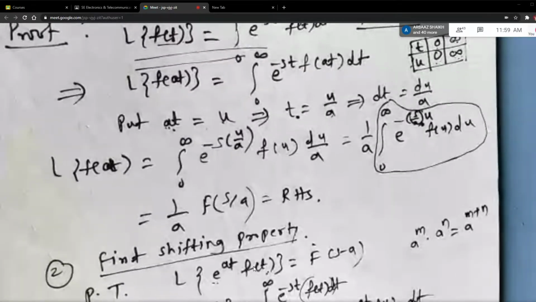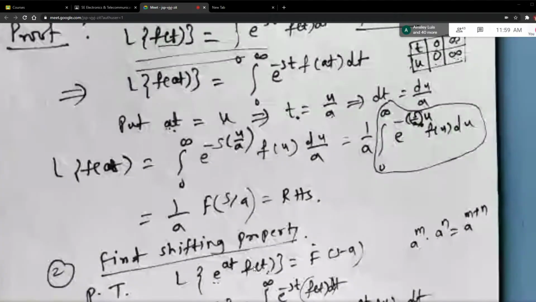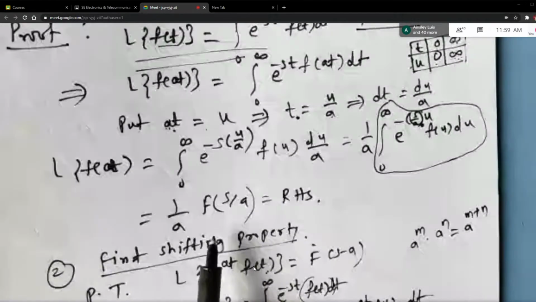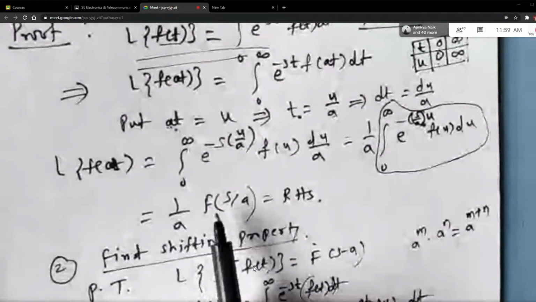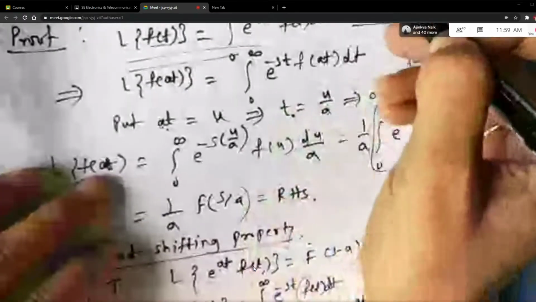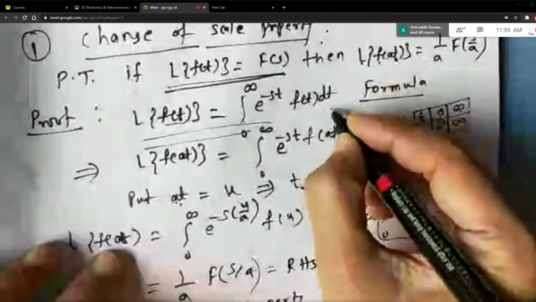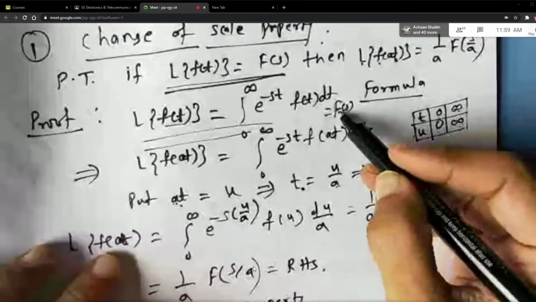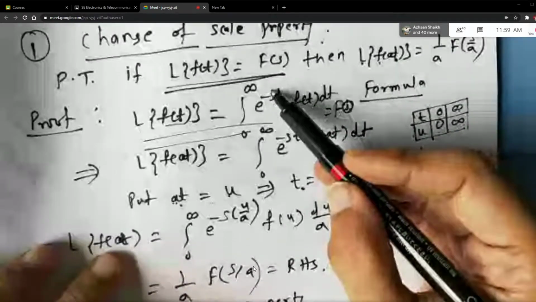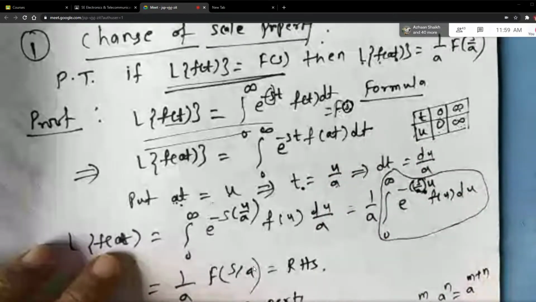Ma'am, that last step, can you explain again how that capital F comes? Yeah, capital F means Laplace transform. See, once you understand this formula, this is your formula, this is your capital F of s, correct? What is this s? s is this s from the exponent of e, right?